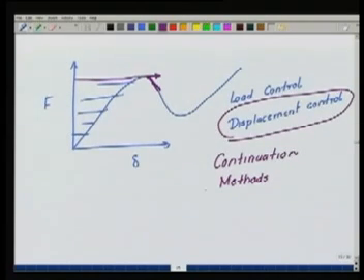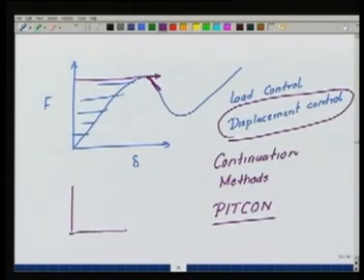There is a nice code which is downloadable from the Pittsburgh site called PitCon, which is Pittsburgh continuation method code, which will solve all these exotic problems where the solution does this kind of a behavior or it does this. This is called a snap through, this is called a snap back.